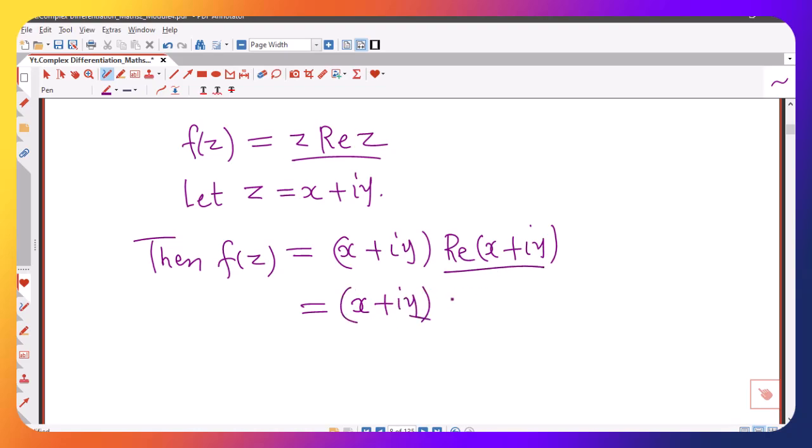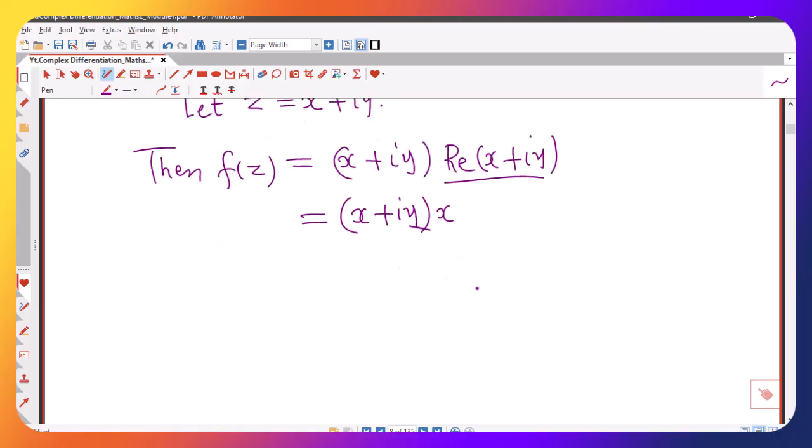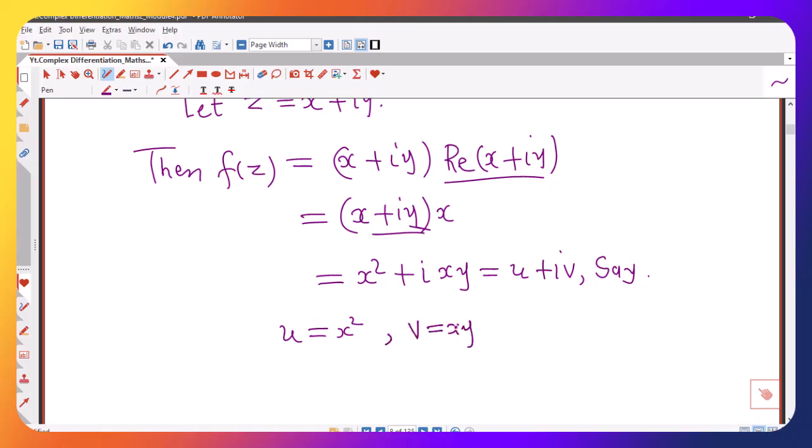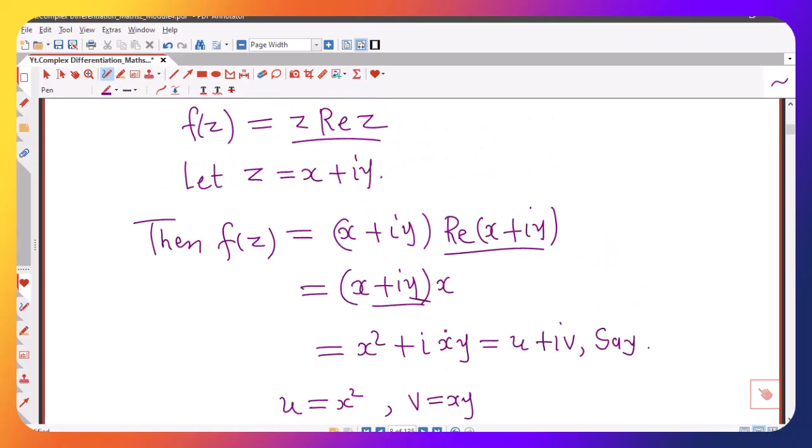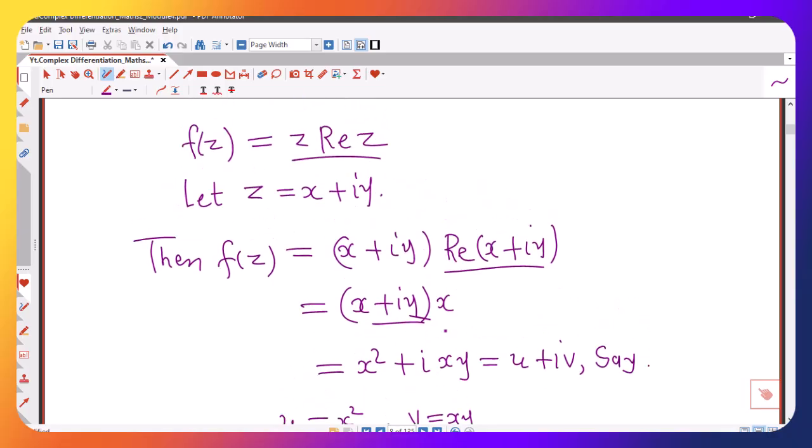Real part of x plus iy is x, and then I multiply this bracket by x, and I will have x square plus i times x into y. And if we compare this with u plus iv, suppose this is equal to u plus iv, then u is x square and v equal to x into y. So these are the real and imaginary parts of this function z times real part of z.